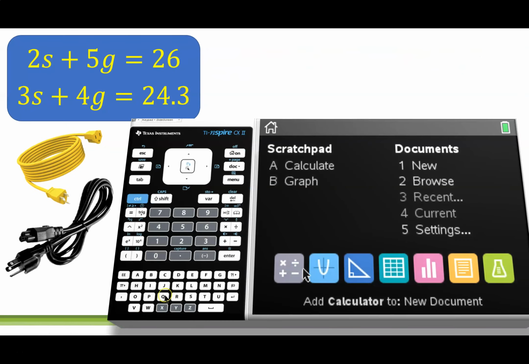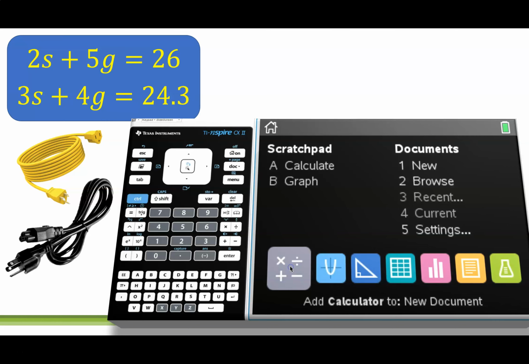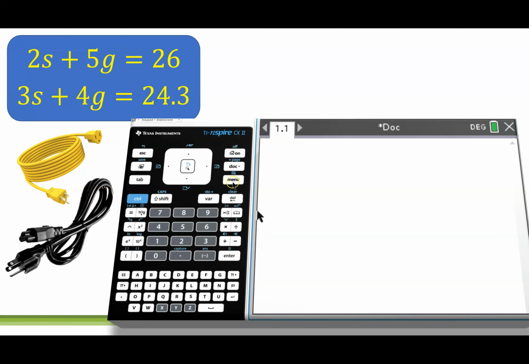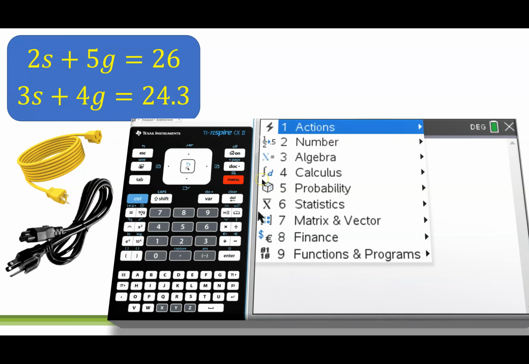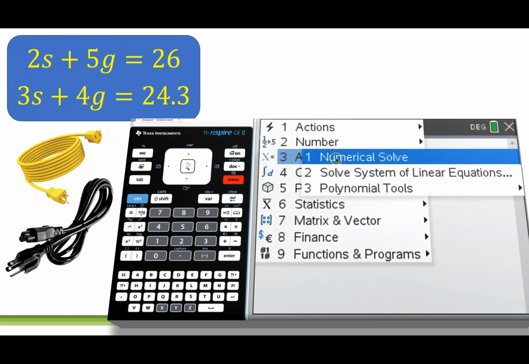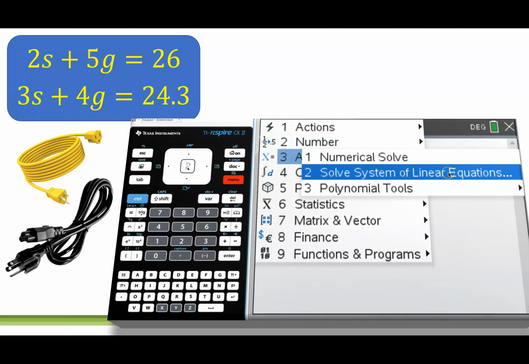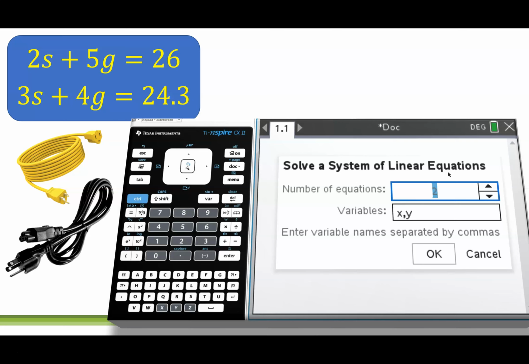And we can see now I'm going to use my equation solver: menu, algebra, solving systems of linear equations, and we shall get 2 equations.